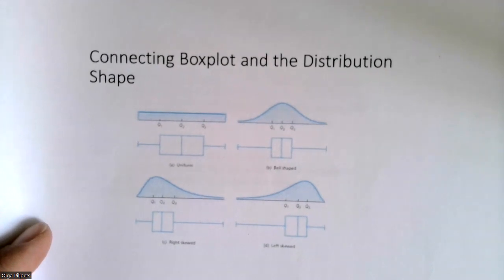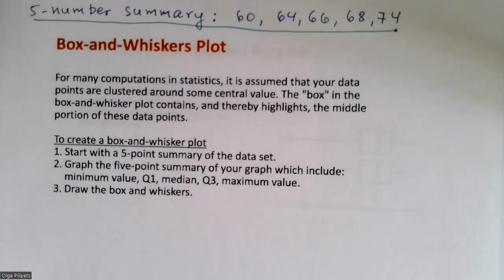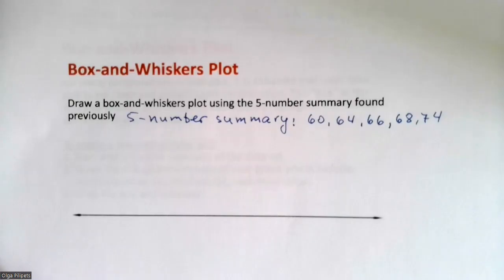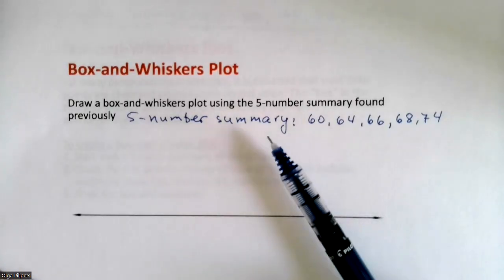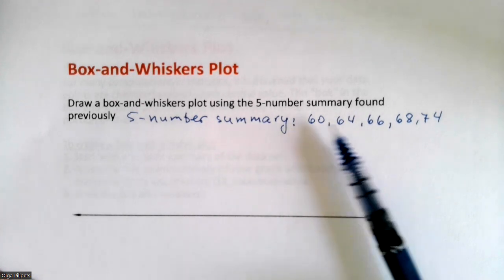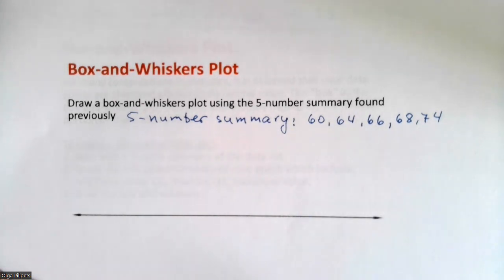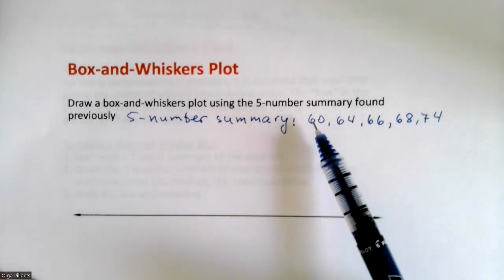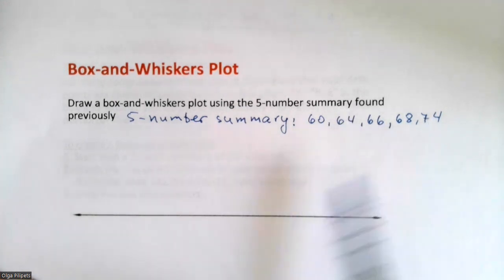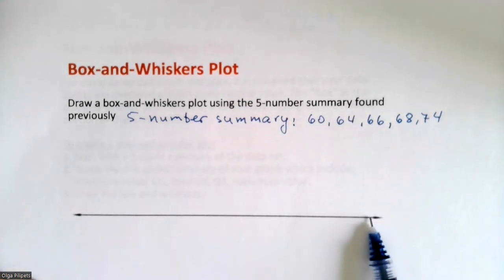So let's make a plot. I copied my 5-number summary from the previous data set. I have to draw a number line, and I have to make sure that all of these numbers will fit on that number line.